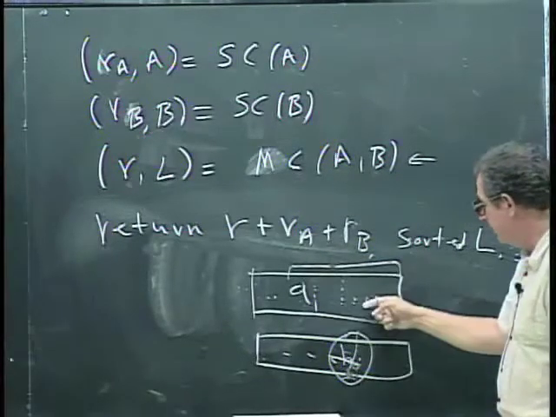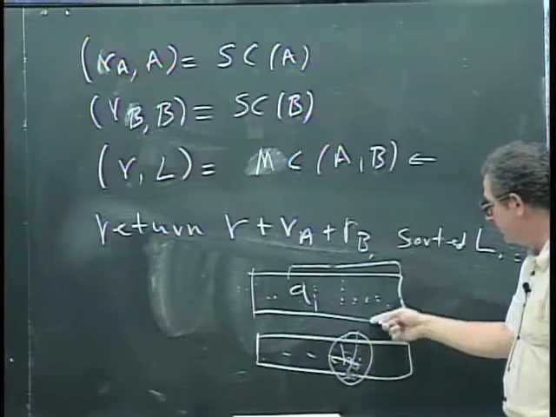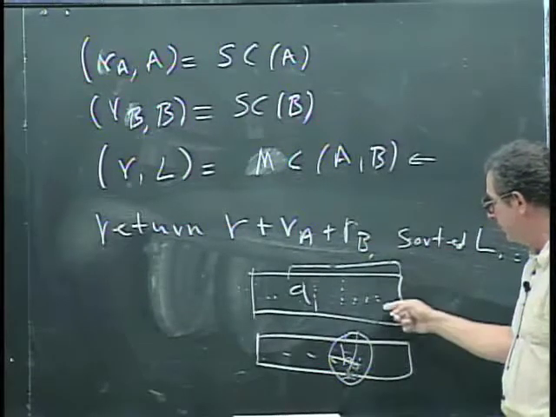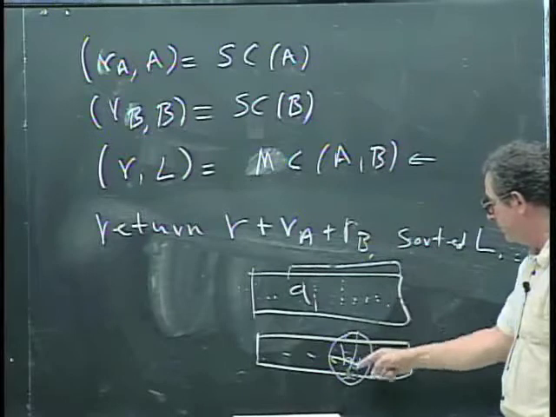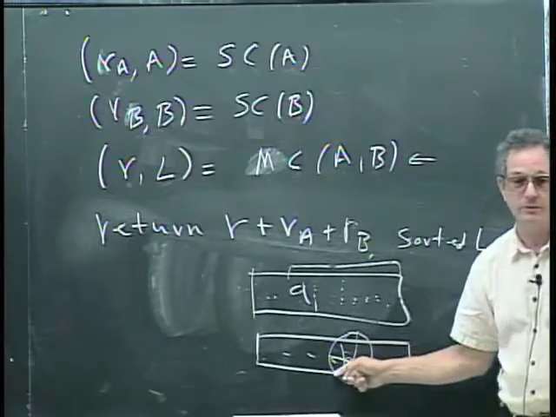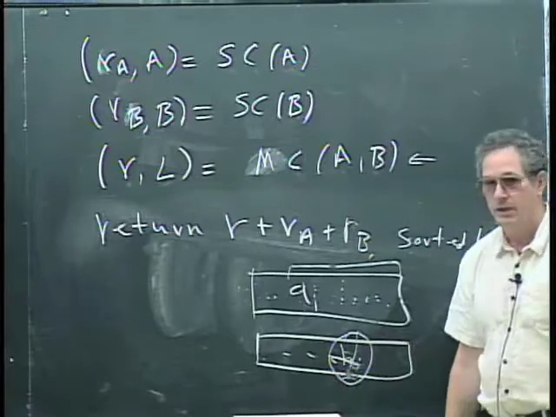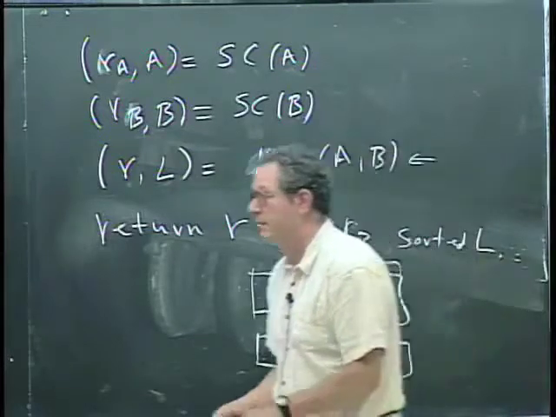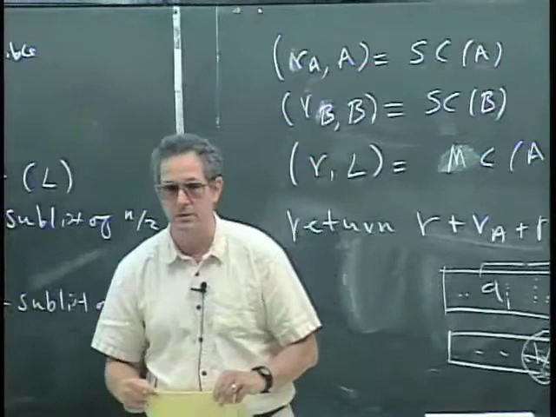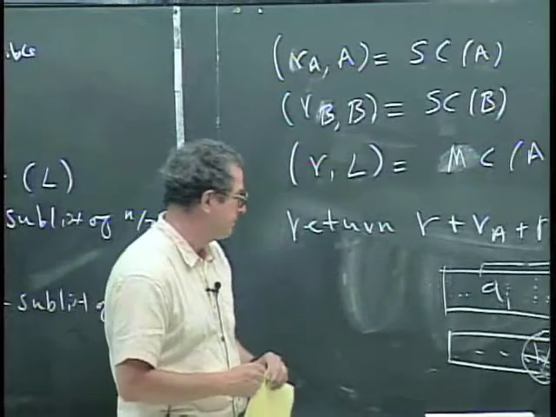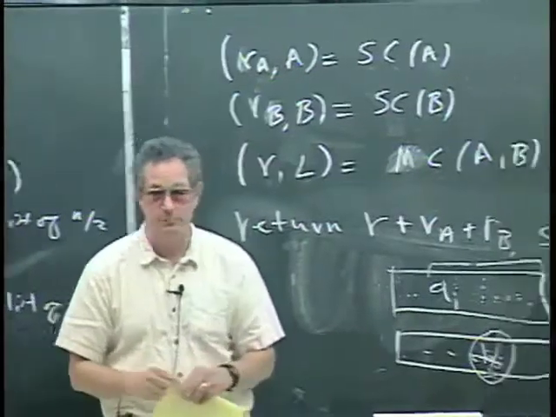And in any additional iterations, successive iterations after this point, no inversions are going to be charged to this guy because he's gone. Okay, so that part of the algorithm is taken care of. Now we still need to argue that no inversions are being missed.